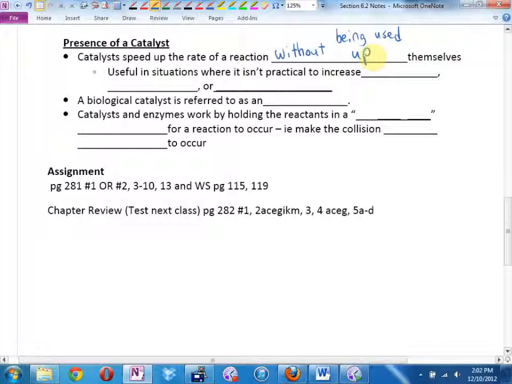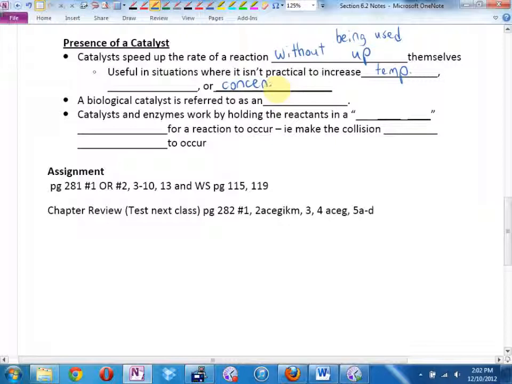They're useful in situations where it isn't practical to increase temperature or concentration or surface area, where it isn't practical to increase the other three.